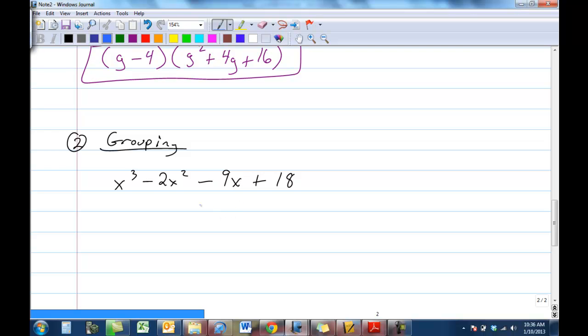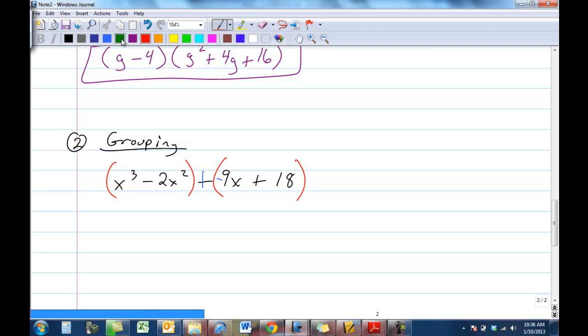Since there's 4 terms here, that's how you recognize to do it by grouping. You're going to make 2 groups of 2. Now, make sure there is a plus between them. So let's make this plus negative 9, and notice that 18 doesn't get it because there's no parentheses yet. So there's 2 groups of 2.